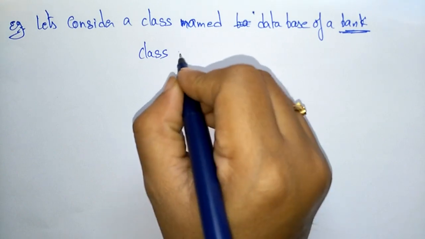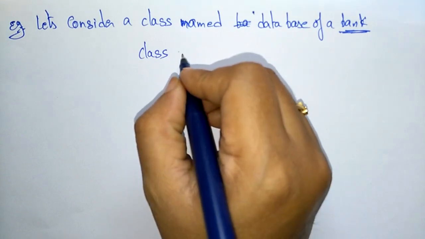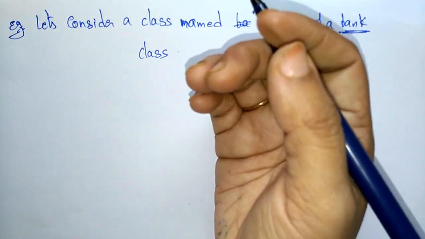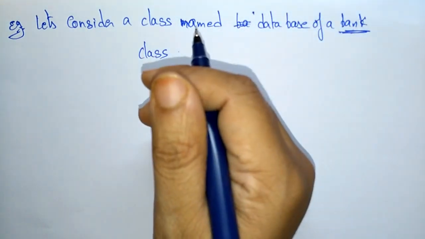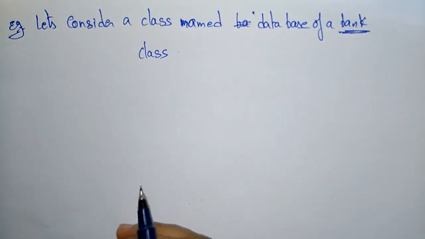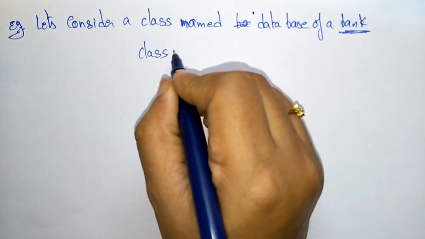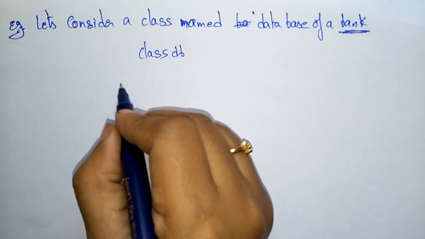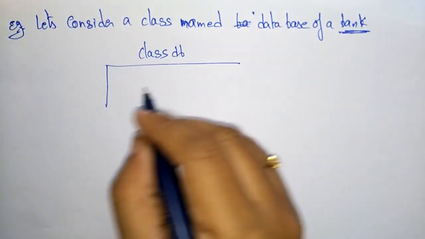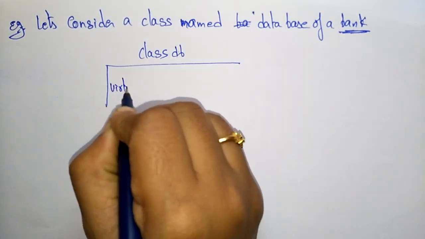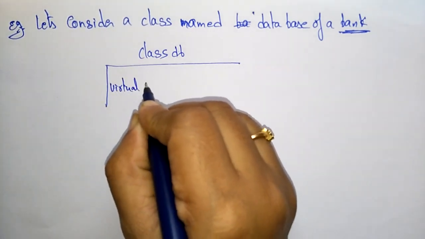The main concept you have to understand is where I am using this abstract class, and why I am using it. That can be cleared in this example. In this class database, I create one virtual function, that is virtual void.